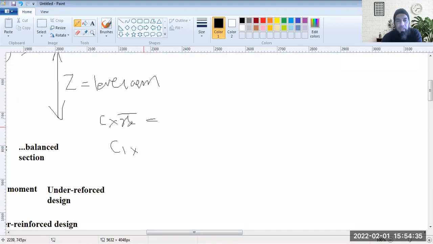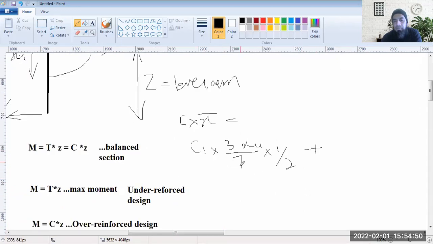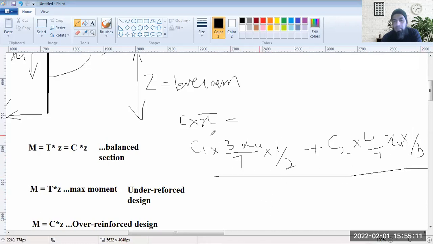This would be 3/7 XU, uska half, क्योंकि you have to take the centroid of each one of these, plus you have C2 into 4/7, which is the rest portion of XU. It's acting as a parabola there, so it would be at 1/3, and then divided.